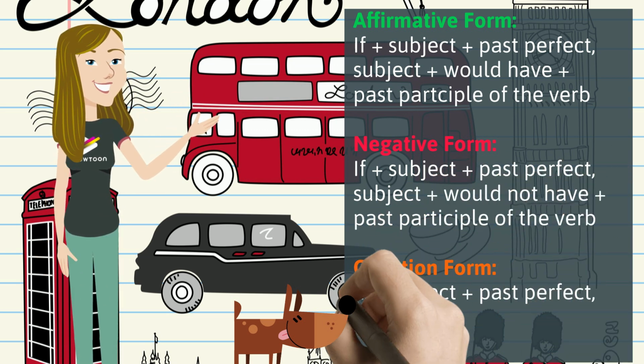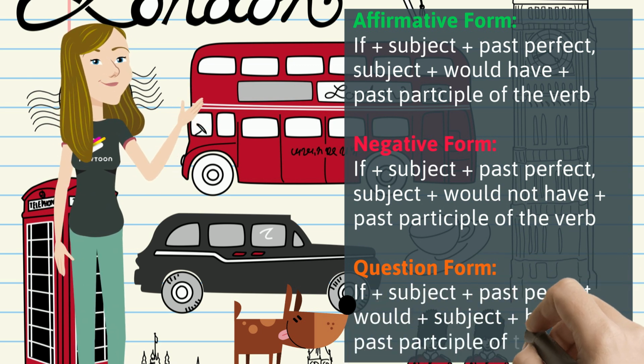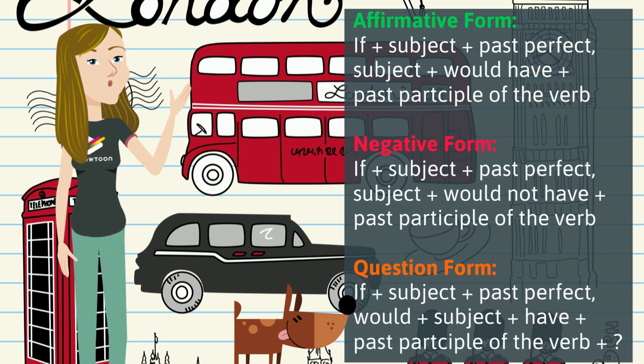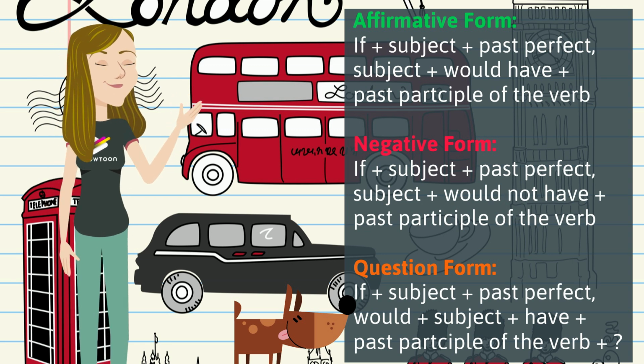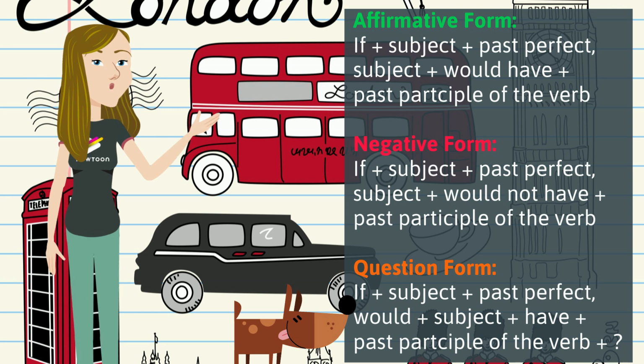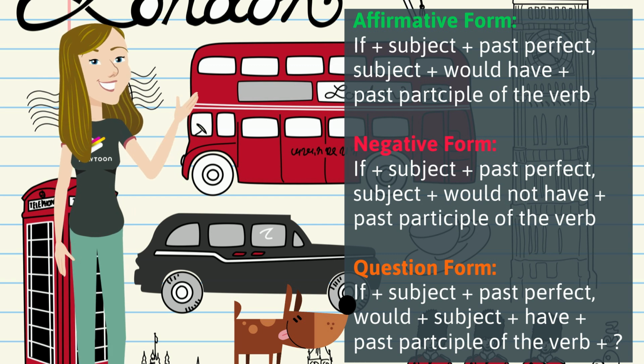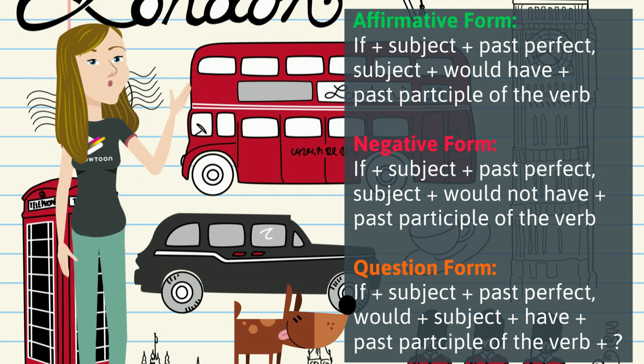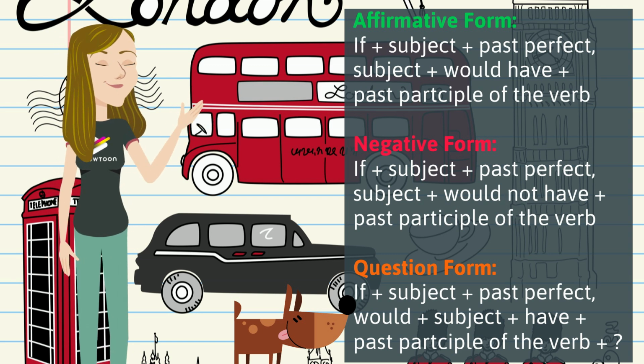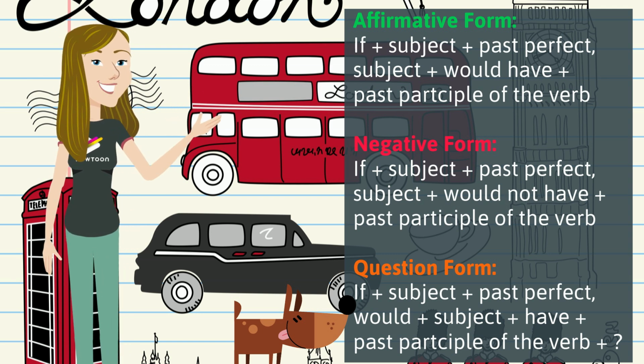The negative form: if, subject, past perfect, subject, would not have, finally the past participle of the verb. And the question form: if, then the subject, then the past perfect, then would, subject, have, and finally the past participle of the verb.